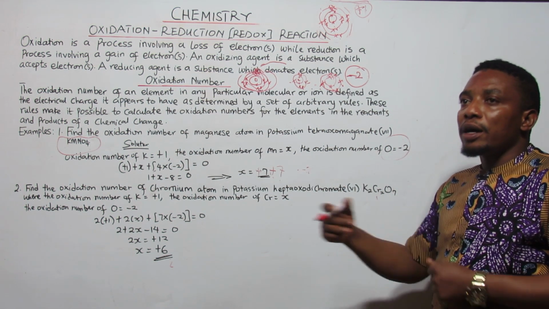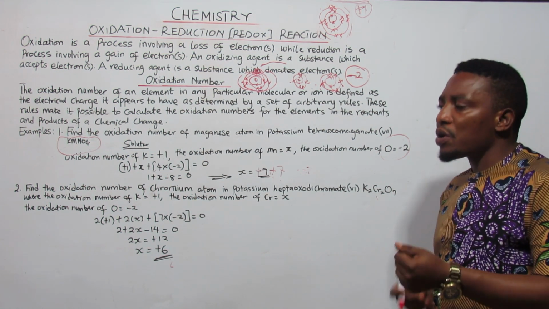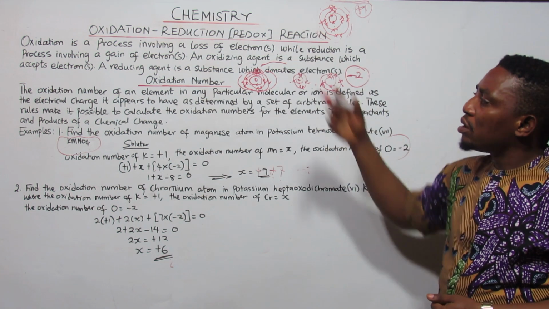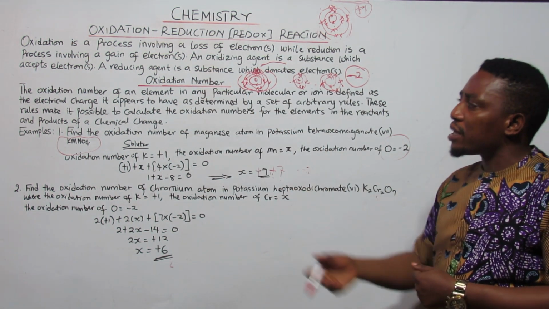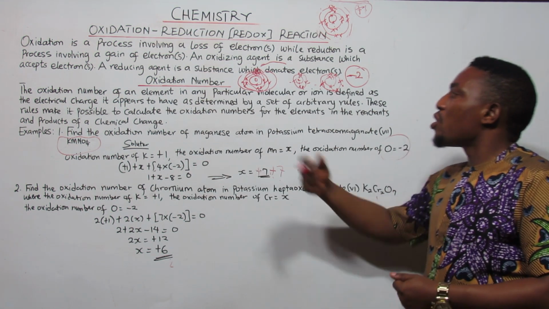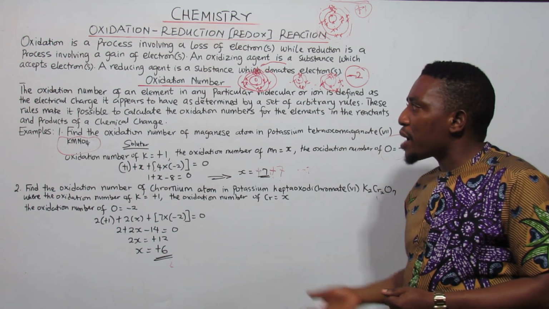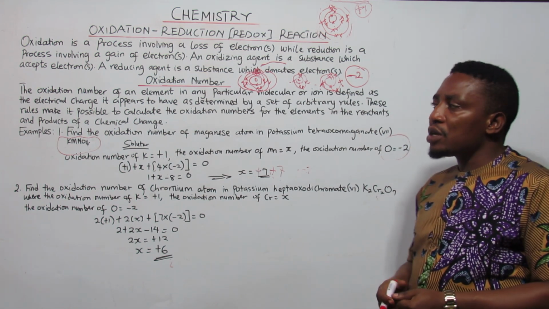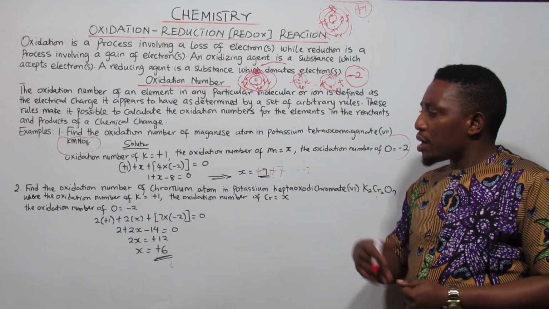So in your own terms, you can use your own way to link oxidizing and reducing agents, so that whenever you come across them, you can differentiate between an oxidizing and a reducing agent.